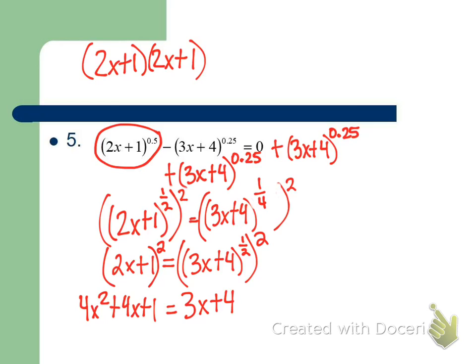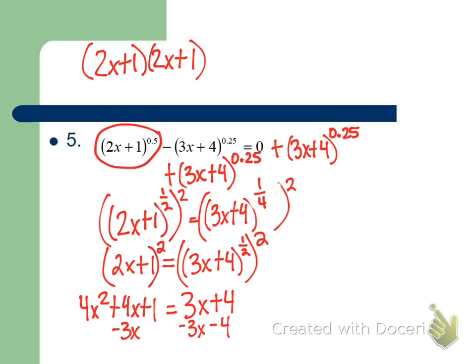Okay. Now we've got a quadratic equation. We need it to be set equal to 0. So remember, I recommend that whatever side the x squared is on, you kind of leave that side alone and make the other side be 0. So how am I going to make the other side be 0? Subtract 3x and subtract 4.